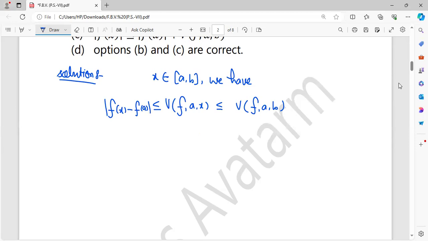So if I combine these two, what I get is |f(x) - f(a)| is less than Vf(x).